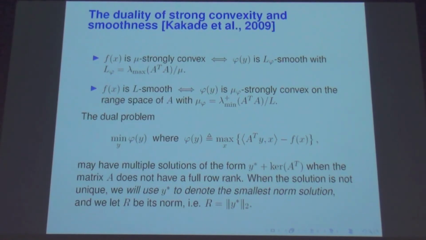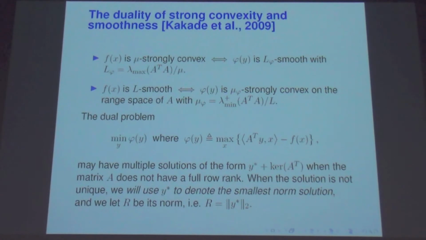One important property is the following: if your function f is strongly convex in the primal space, then the dual problem is smooth. This is something that we're going to exploit. Of course, this is smooth with this parameter. And then if your function is smooth, then the dual problem is strongly convex on a subspace, also with this parameter.